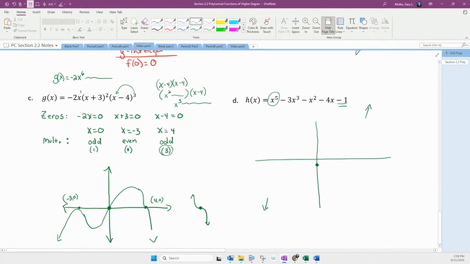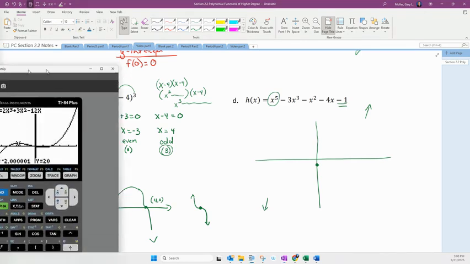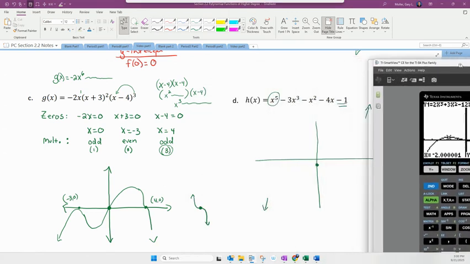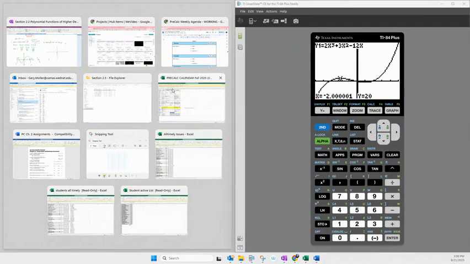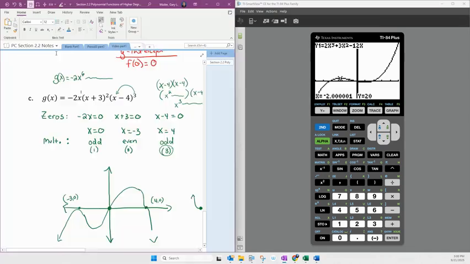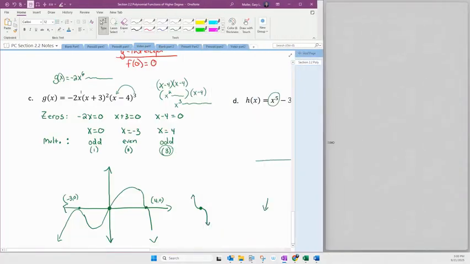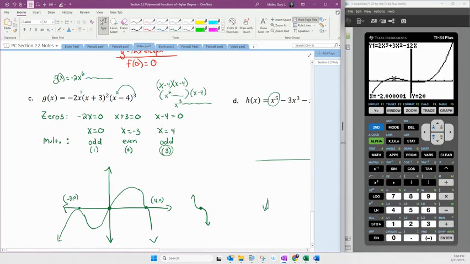So really, there's not much for me to do on this question other than to maybe use my graphing calculator. And so let's take a look at what this graph would look like. Let me find my graphing calculator, pop it open. There we go.